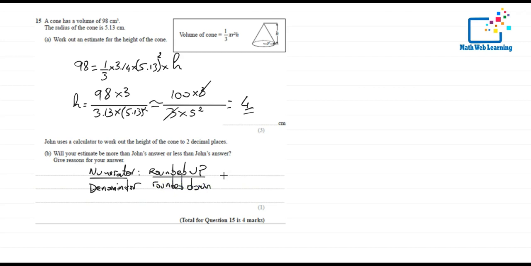Therefore, our answer is more than John's, because when you round down the denominator, you get a bigger value for the fraction. So our answer is more. Conclusion: the answer is more. So that's how you answer question number 15.